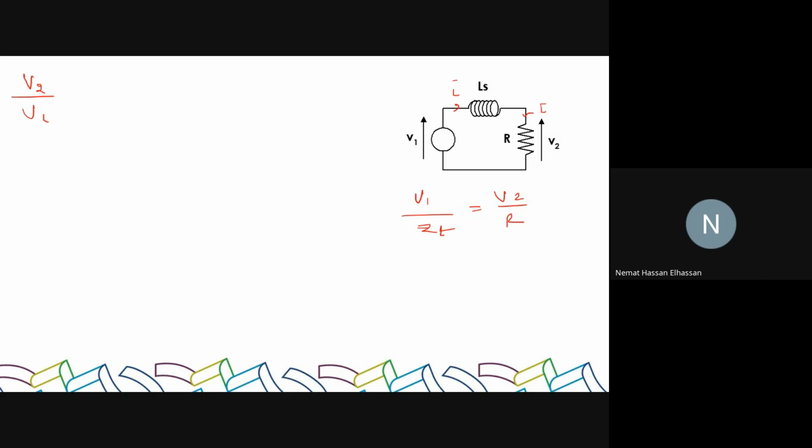If we take only these two terminals using Ohm's law, the voltage across the element divided by the resistance of the element, which means if you cross multiply, your V2 over V1 is equal to ZR over Z total. Make sense? Are we clear with this equation?